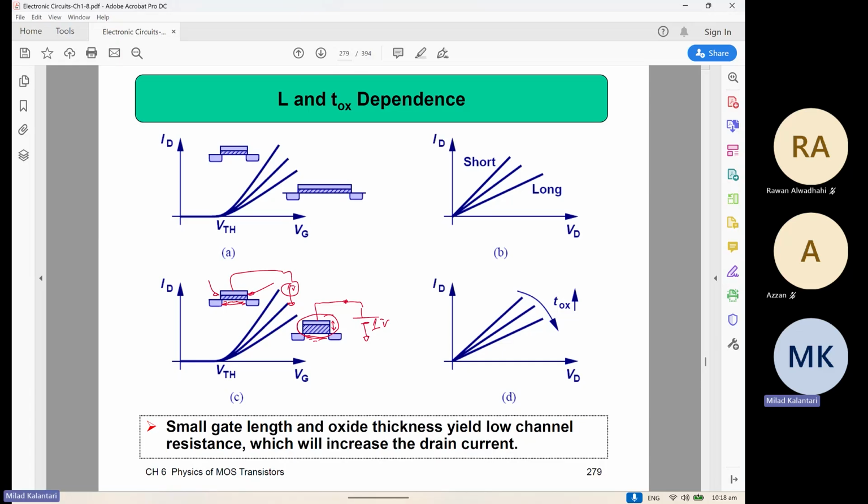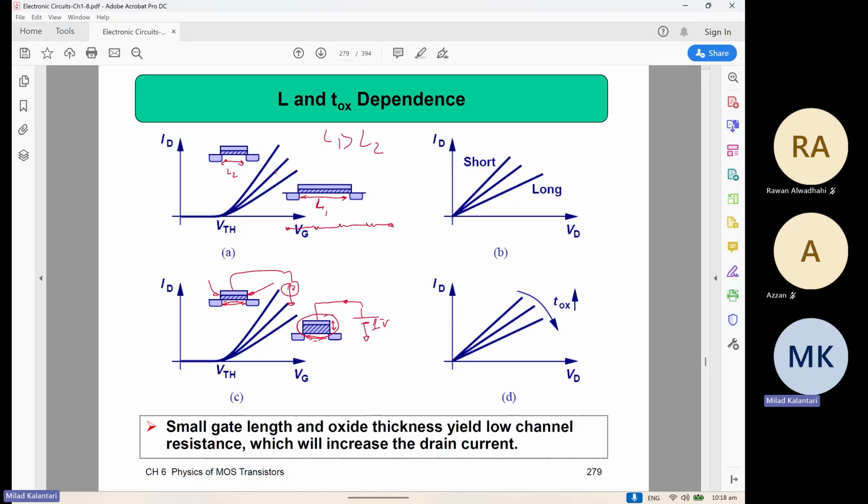Or if you change the distance between the two contacts, let's say L1, and you have another device which has L2, the length of the channel L1 is longer than L2. Though the density of the charge is similar between the two because we are assuming the same thickness for the dielectric, since L1 is longer, it looks like you have more resistance in series from one part to the other.